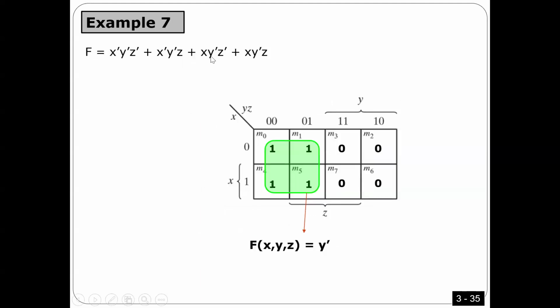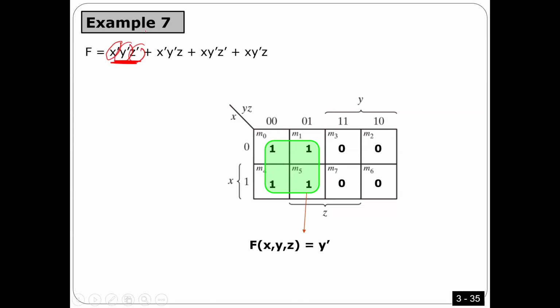Again, let's look at this one here. I give you the function this way. You can see everyone here has three variables, so they are min terms. Number one, you need to locate these ones here and put them on the map. As I explained multiple times, you have two ways. When you look at this one, it's the intersection of the area of x prime, y prime, z prime.